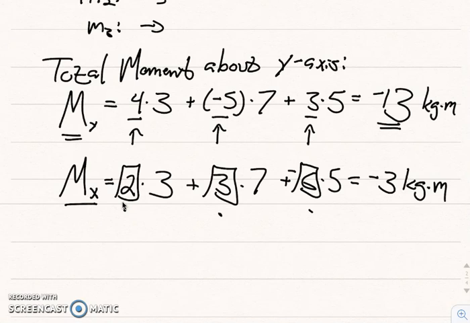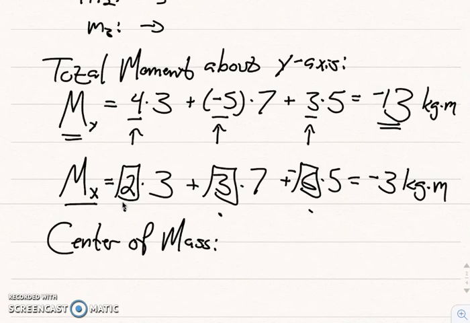The last step is to find the center of mass. And again, we'll do this one coordinate at a time. The center of mass along the x-axis is denoted x bar, and that is found by taking the y moment and dividing by m, which is the total mass.